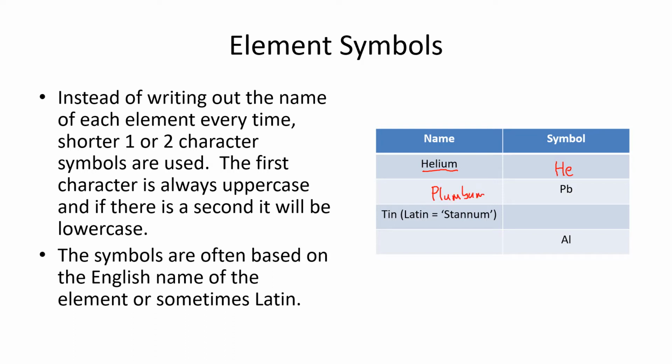So you get the P from plum and the B from bum, and so that's where the symbol for lead comes from, but the English name, of course, is lead. Tin is the same thing. The Latin for tin is stannum, and it gets the symbol Sn. But most of them come from English names, like Al is aluminum. You'll get used to a few of them that come from older languages like Latin.